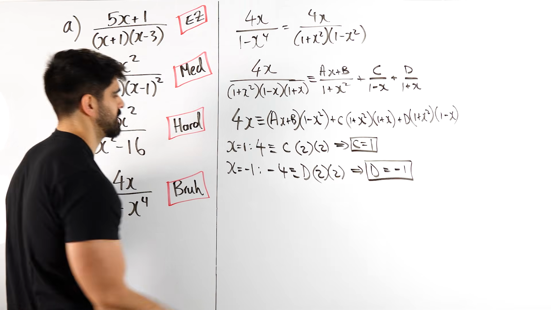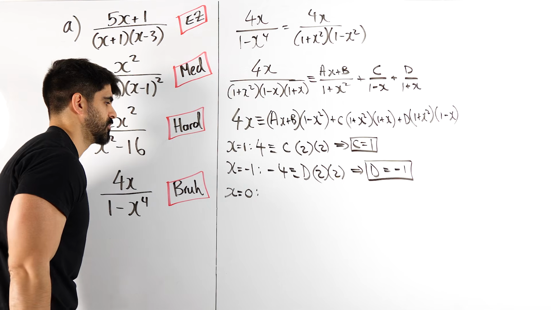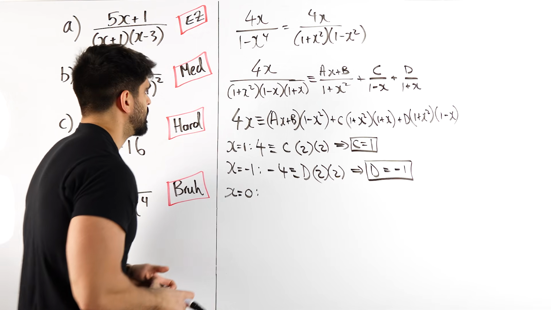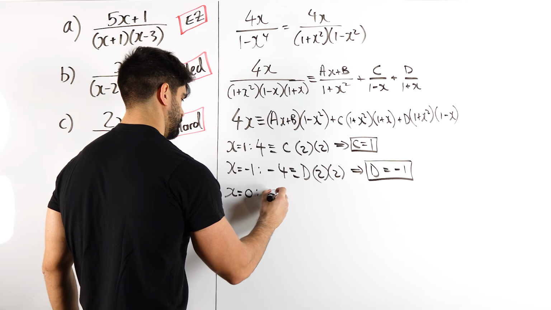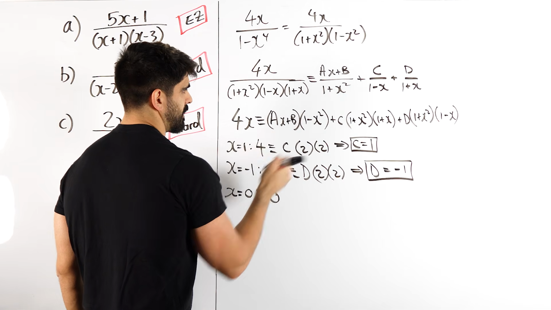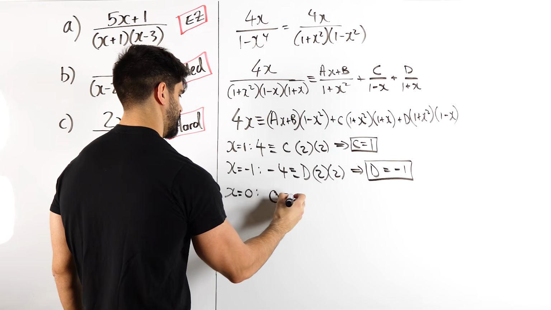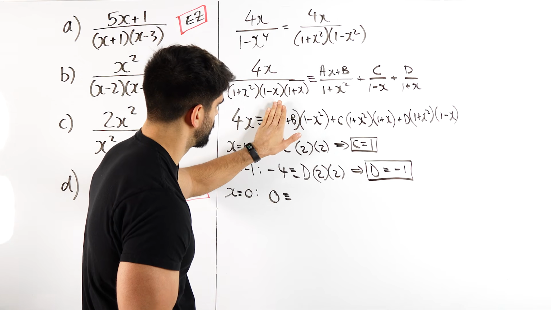All right, so let's do x is 0. A nice number to use indeed. When we sub in 0, that becomes 0. It could be nice actually because the a actually disappears. I think that's a good choice then. So when x is 0, boom, that's gone. We're left with b.